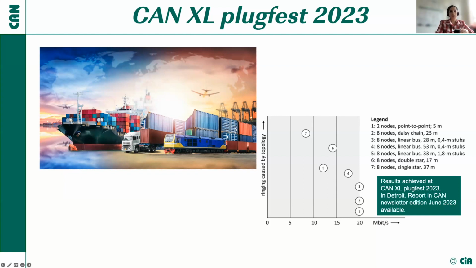Actually, using two nodes in point-to-point topology, eight nodes in daisy chain topology, and also linear bus topologies with short stubs connecting 8 nodes, 20 megabit per second, considering ringing caused by the topology, is achievable.